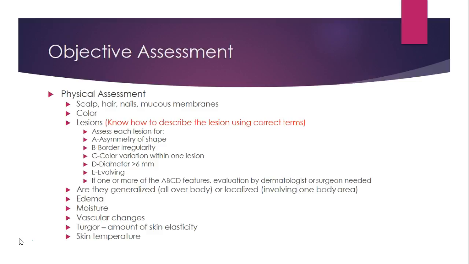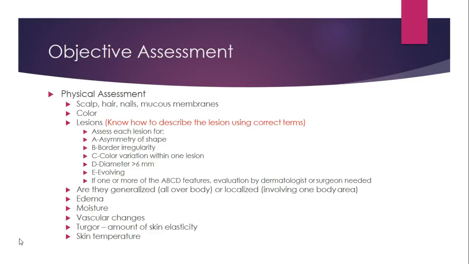Look for any vascular changes. Is this area getting lots of blood flow, or is it becoming avascular and becoming pale? Or even worse yet, is the blood flow getting stopped so that it's causing the extremity, or wherever you're looking, to turn a bluish shade and anoxic?